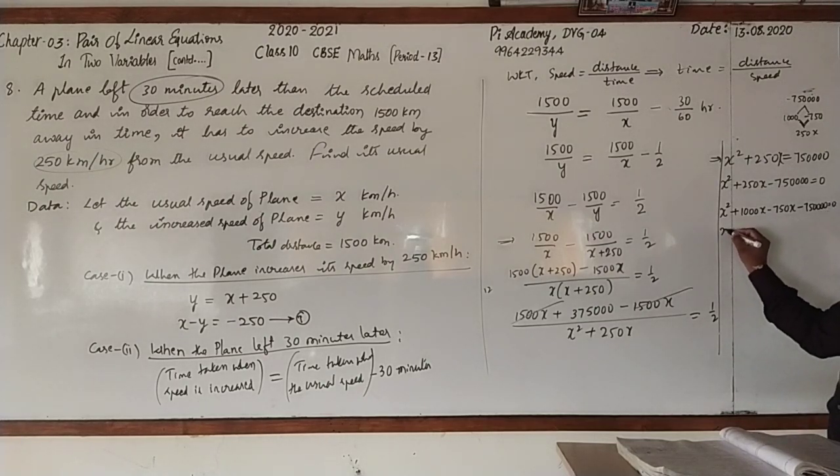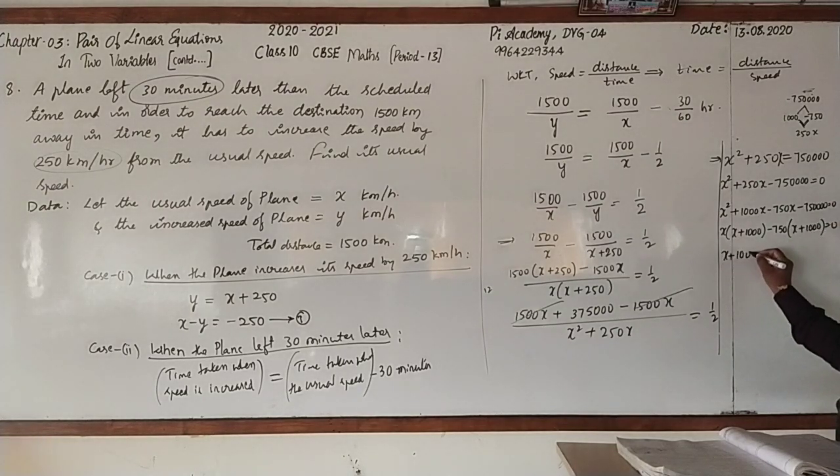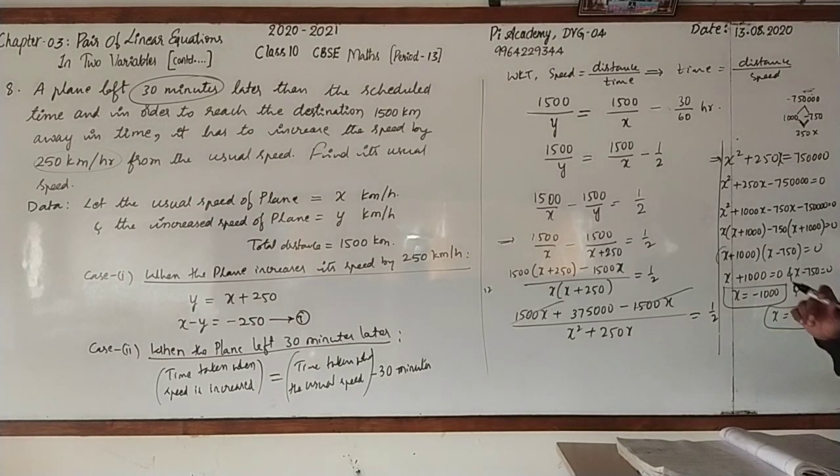Now the common factor: x into x plus 1000 minus 750 into x plus 1000 is equal to 0. x plus 1000 into x minus 750 equal to 0. x plus 1000 is equal to 0 and x minus 750 is equal to 0. x equal to minus 1000 and x equal to 750. But they have asked you to find the usual speed.